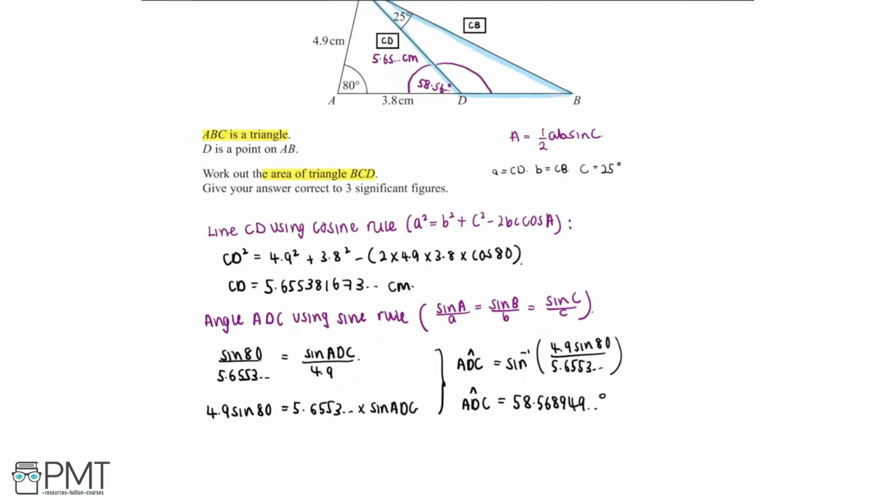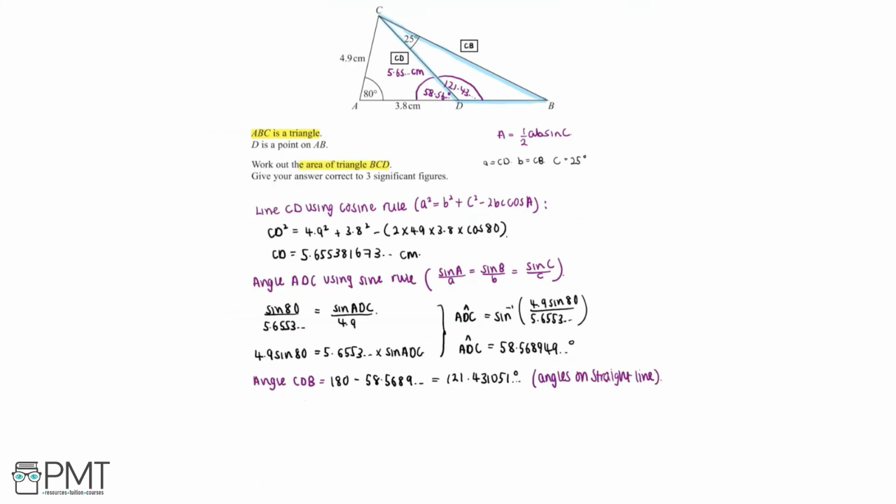Now let's find angle CDB. We know that angles in a straight line add up to 180 degrees. And so angle CDB is equal to 180 take away 58.5689, which is equal to 121.431051 degrees.